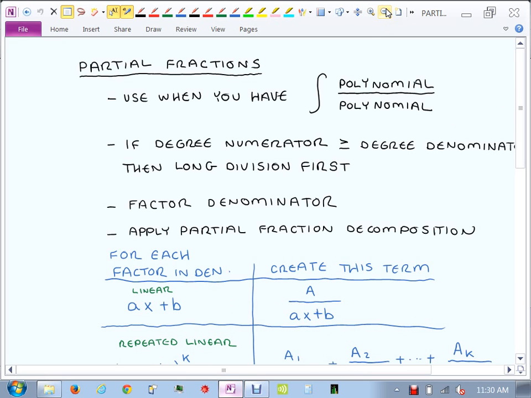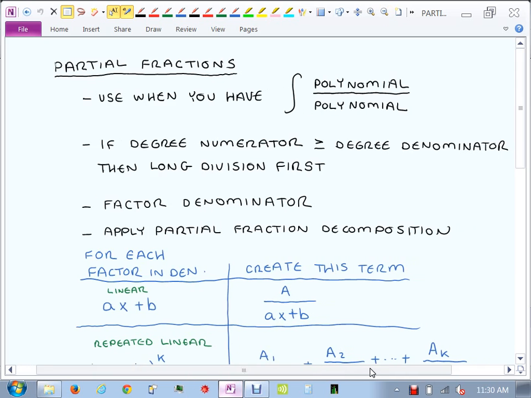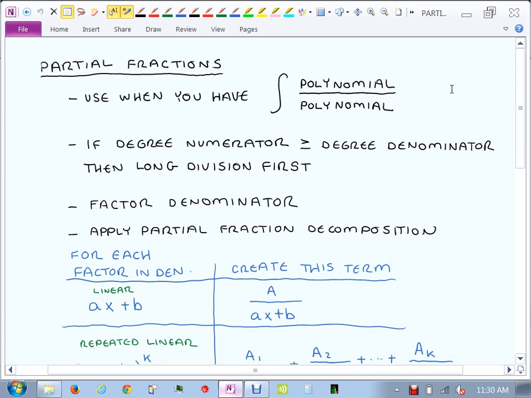Let's get to a more formal process here when it comes to partial fractions. I don't write this all down because you don't have time for it. Anytime you have an integral where you have a polynomial divided by a polynomial, like 7x plus 29 divided by a quadratic, you can try partial fractions.